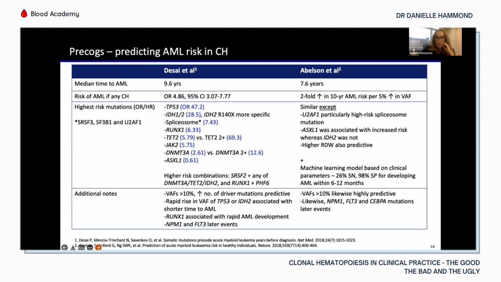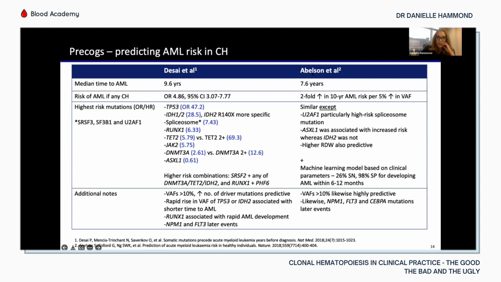And in the Desai et al. paper, they actually suggested some higher risk specific combinations. And so again, seeing SRSF2, so a spliceosome player, plus any of the underlying epigenetic regulators, or the combination of a RUNX1 and PHF6 mutation, were the most strongly predictive of AML risk.